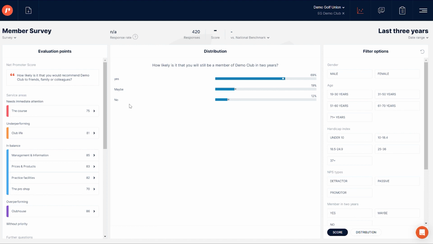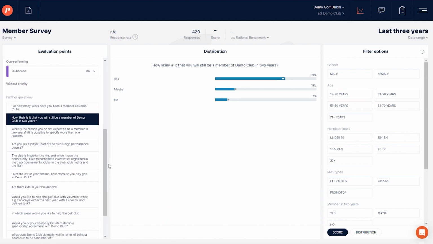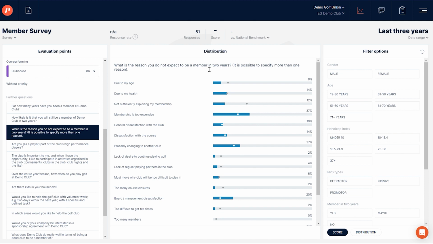For all of the members who have been classified as a no, they'll be asked a follow-up question. This follow-up question can be found just below this one. It basically asks them why they might be leaving the club. Some of the reasons are things we can't change, such as health reasons or age.